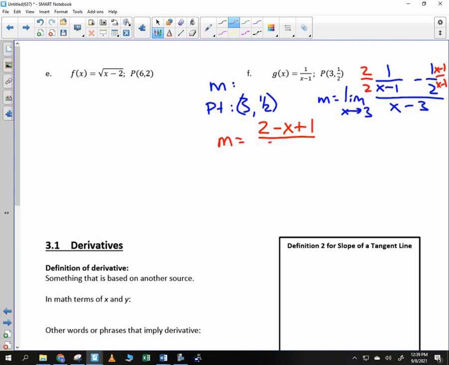On the bottom, I have 2 times x minus 1 all over x minus 3 over 1. Sweet. I should really attach limit as x goes to 3. So we have the limit as x goes to 3 of, what's this top piece?